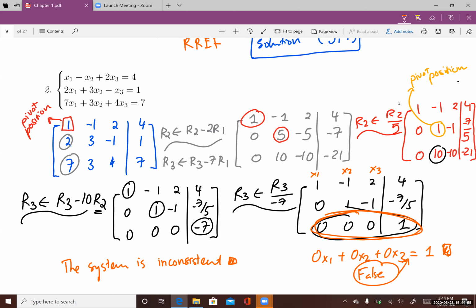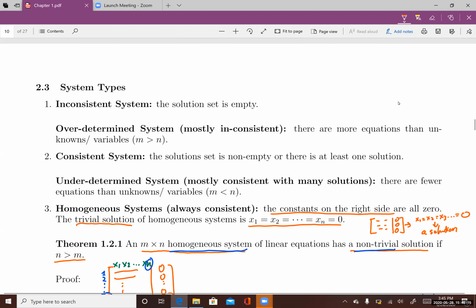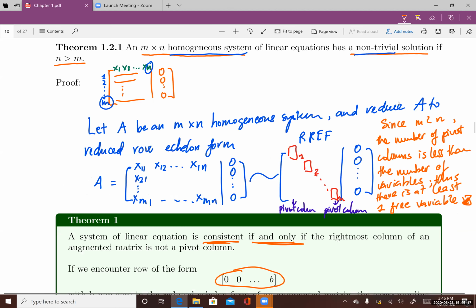A row in this form is a form where the rightmost pivot position is in the constant column. If that happens, then the system is inconsistent right away. We don't have to finish it. We know that the system is inconsistent. And that is what the theorem says, right?